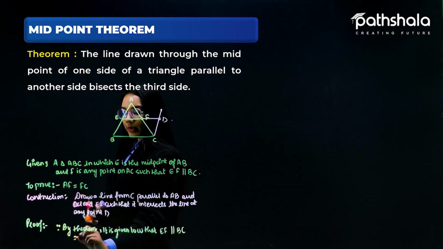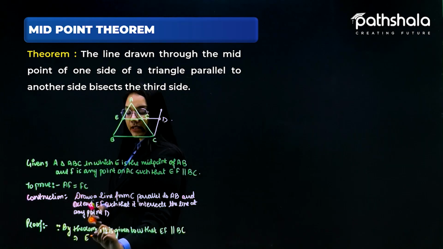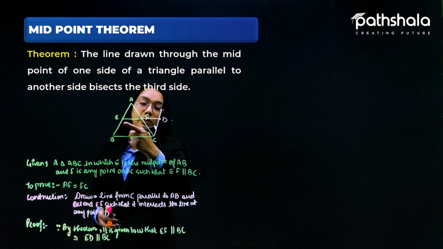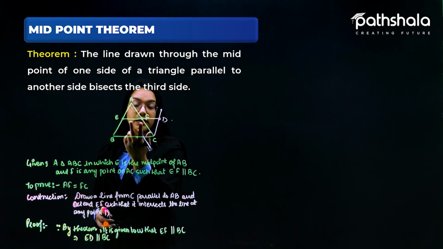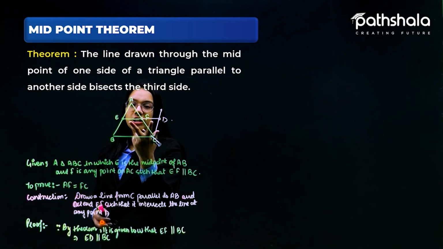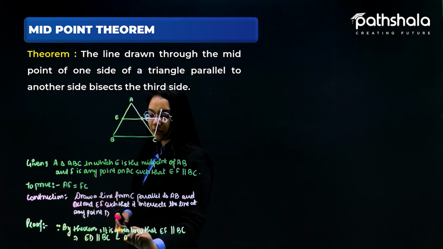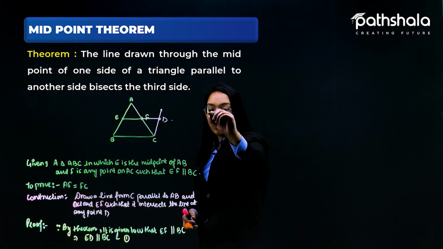So it also implies ED is parallel to BC, because it is just an extended line segment. If EF is parallel to BC, then obviously ED is also parallel to BC. Let us call this 1.